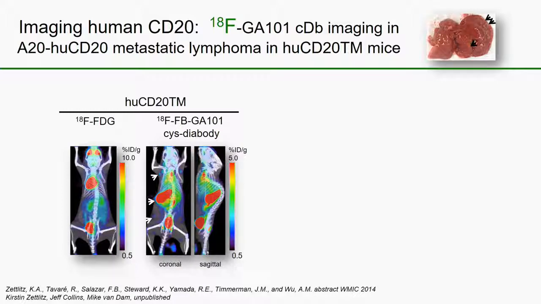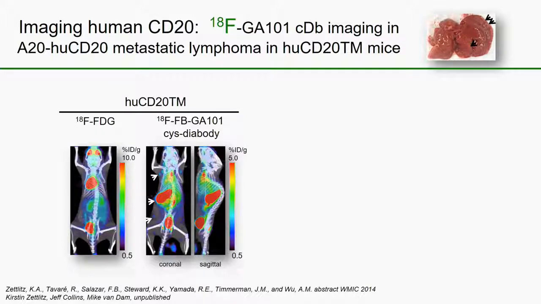Another reason I show this model is because it's a transgenic model of mice that express human CD20, because the antibody that we used is actually a fragment derived from GA101, which I think is obinutuzumab. It is a therapeutic antibody that recognizes human CD20.